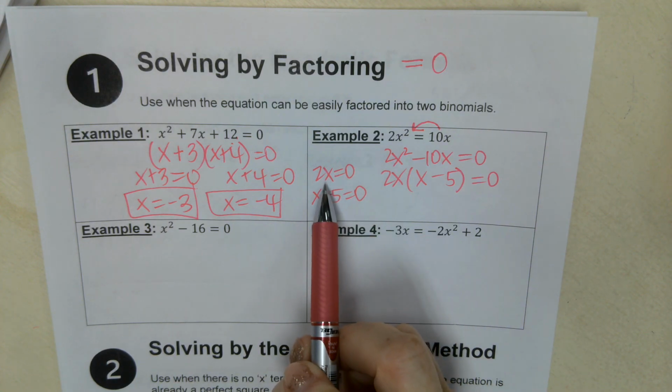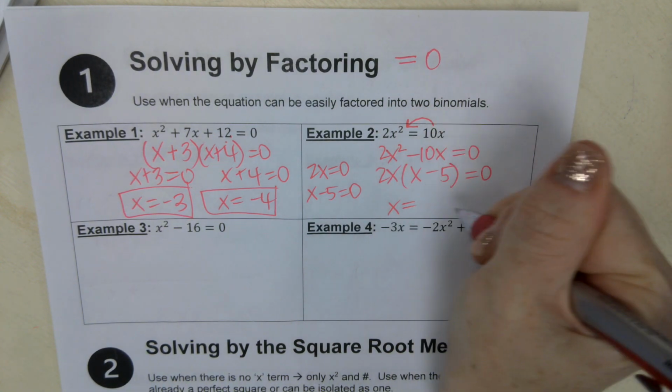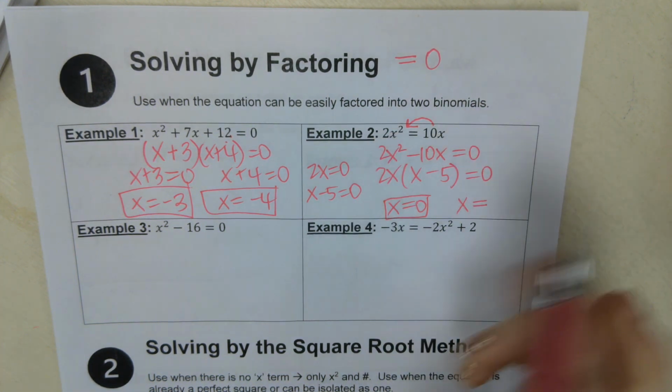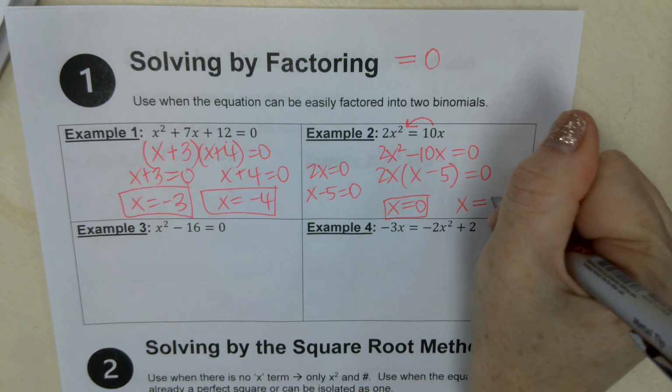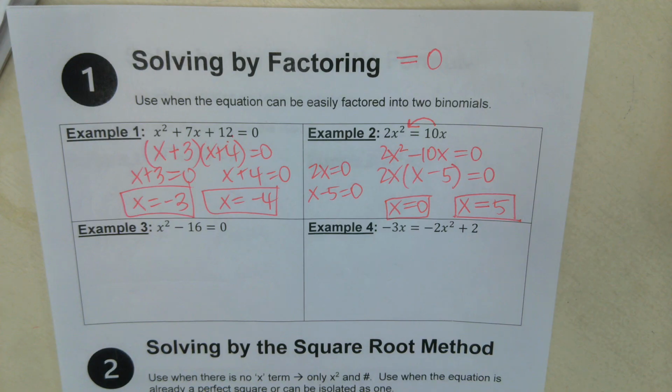What do I multiply by 2 to give me a product of 0? 0. And what do I get when I solve this one for x? Positive 5. Those are my two x-intercepts. All right.